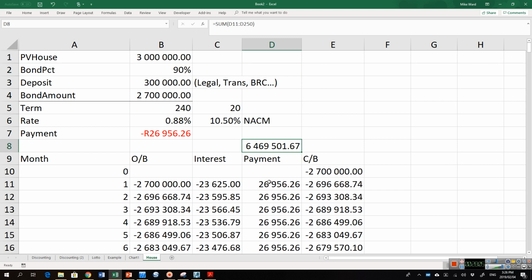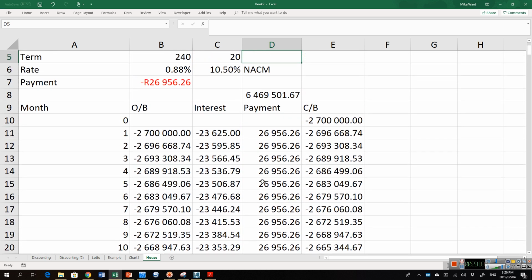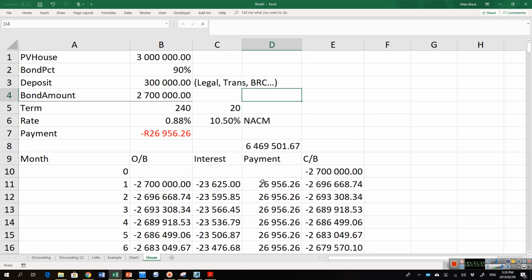You and I know that the hardest payment you're going to make on this bond will be the very first one. By the time you get to 20 years down the track, that'll probably buy you a cappuccino. So you can't add those things, and even though they do show you these numbers on your bond somewhere, hit delete, it's meaningless.